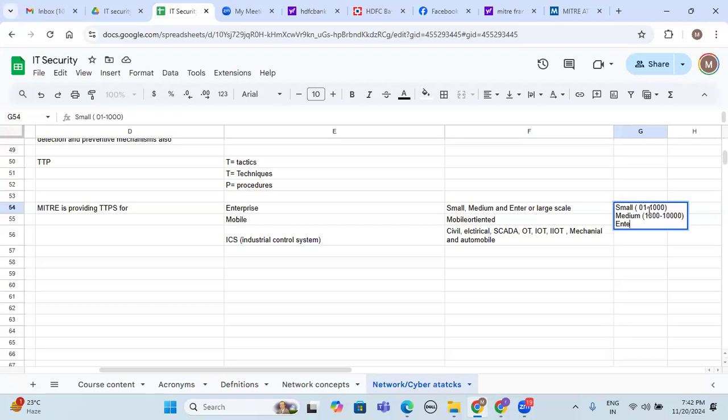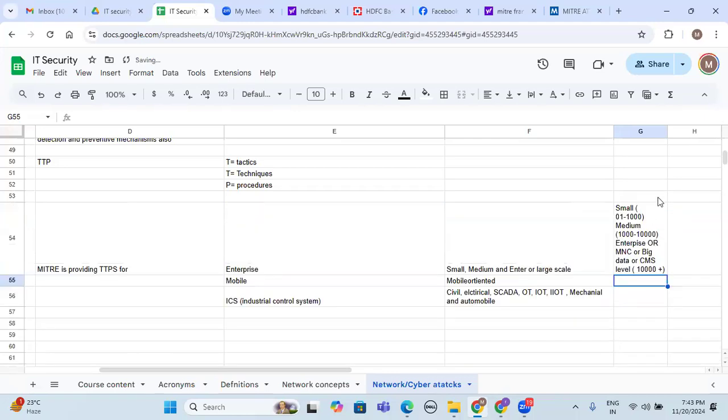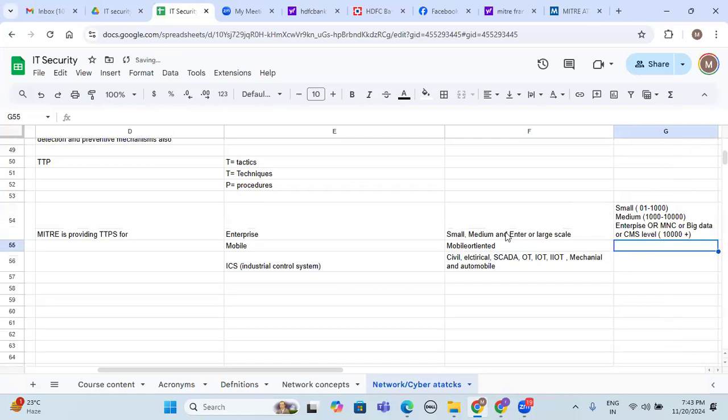And enterprise level, those companies are also called MNC, multinational companies, or big data companies, or CMM5 level companies. These companies we can call large scale industry. The users will be between 10,000 to 10,000 plus. So that is based on the business perspective.